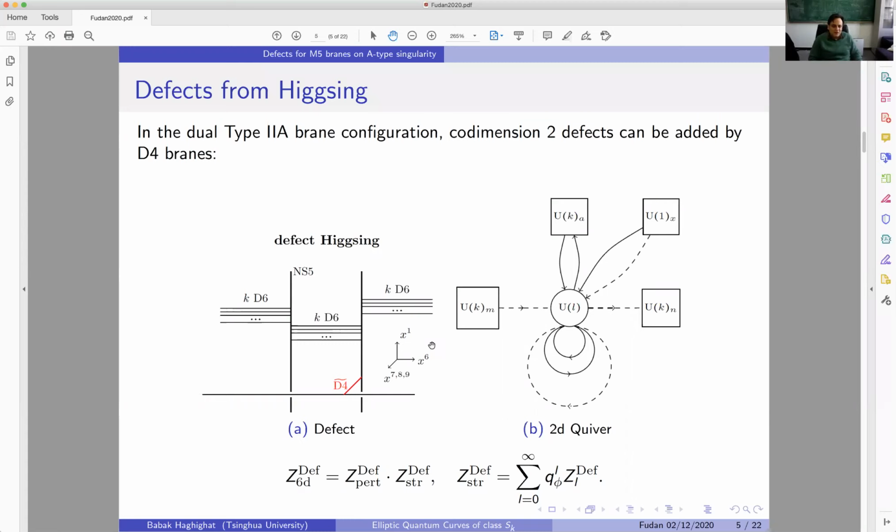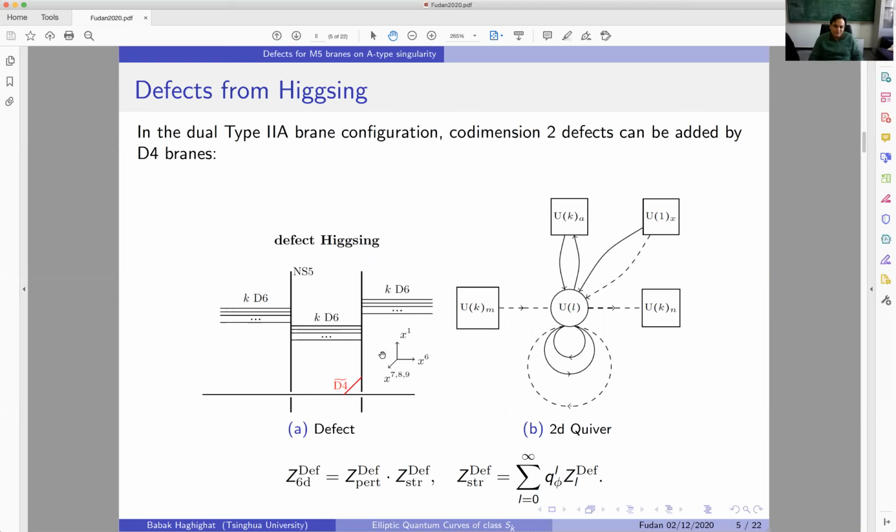The Z_k singularity will give rise to a U(k) or SU(k) gauge group in the bulk, and you can think of the defects we are interested in as arising from Higgsing. So you start with an SU(k+1) theory, and then you Higgs it to an SU(k) theory by giving a vev to such an operator.